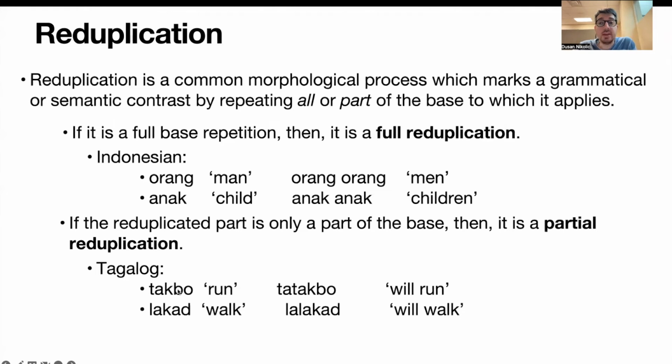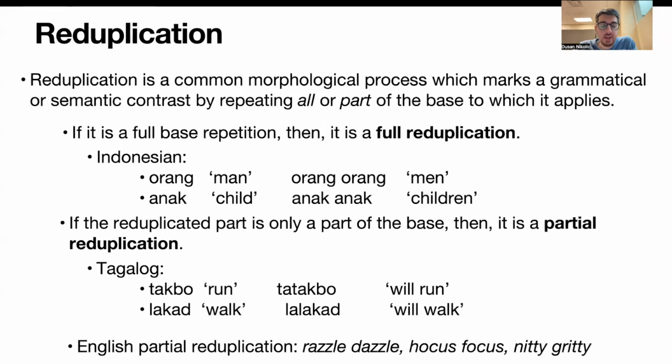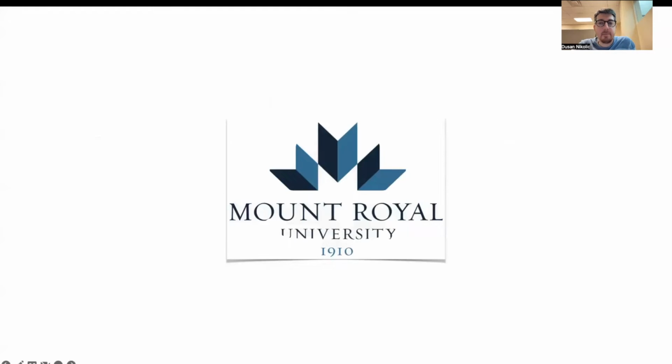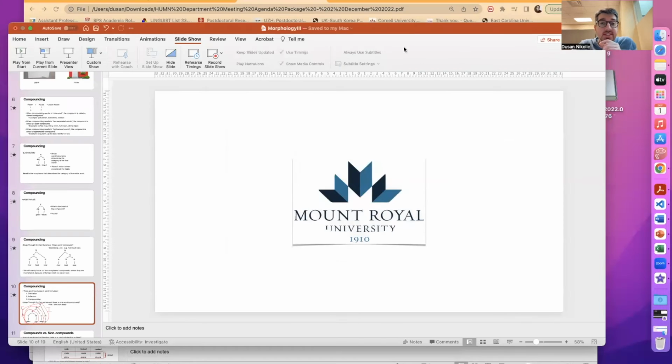We have only a partial one, takbo, tatakbo, whereby the first part, ta, is repeated to indicate a certain grammatical function. In English, we have maybe partial reduplication: razzle dazzle, hocus pocus, nitty gritty, and so on and so forth, right? These are just some processes.